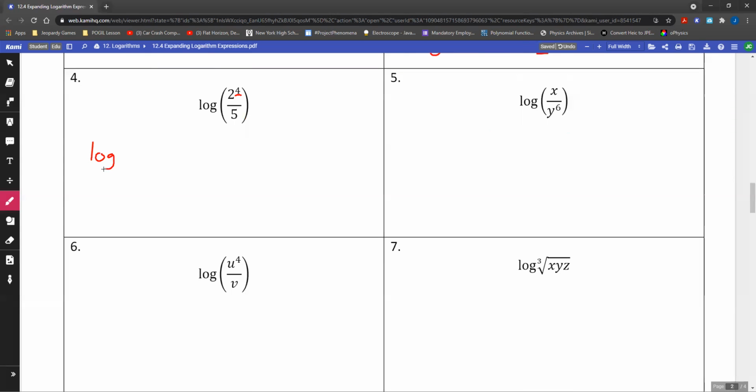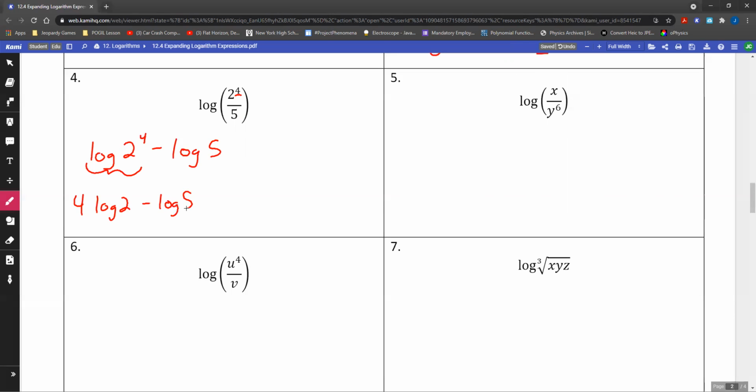So I can rewrite this since this is division, which relates to subtraction, as log 2 to the 4th minus log 5. And then from here, I can do the power rule on this term. Since there's a 4 right here, I can put it in front, multiplied by log 2, and I'm going to leave it as minus log 5.